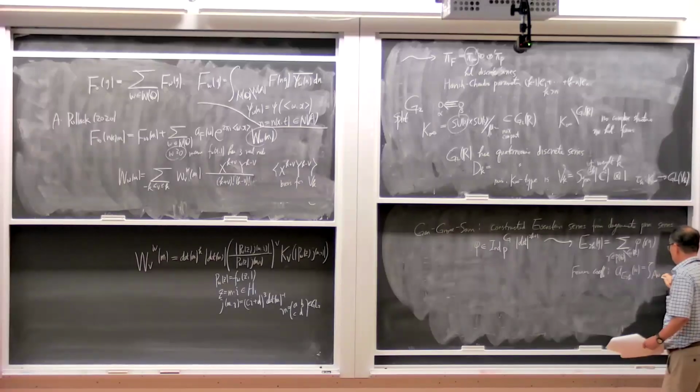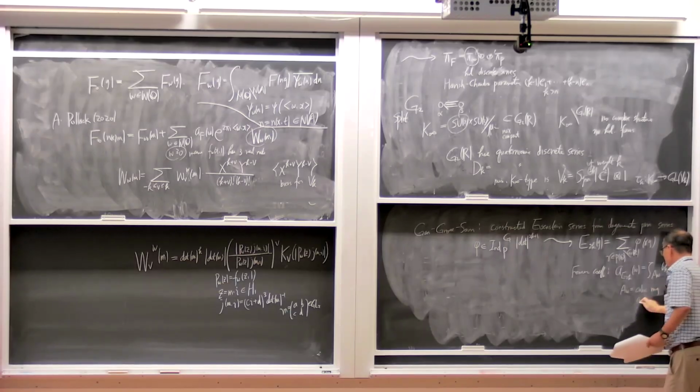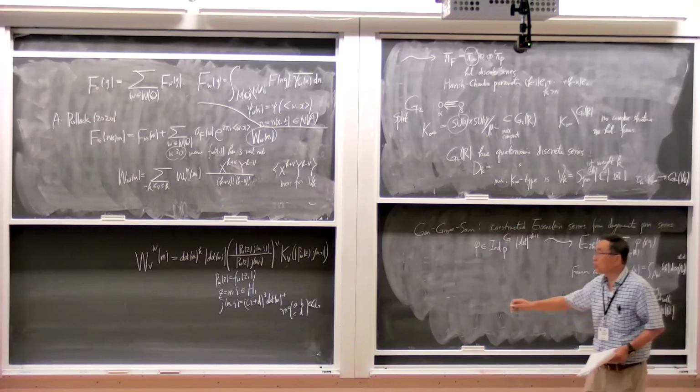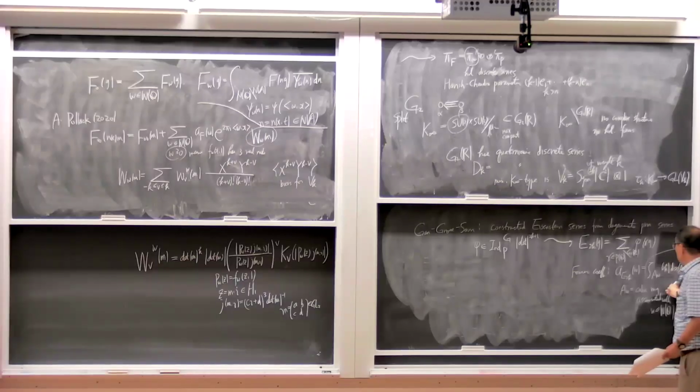Let me write down: a_W is the zeta function of A_W at 2k minus 1/2, discriminant of A_W to the power 2k. Here A_W is the cubic ring associated with W, the binary cubic form. So you have very interesting Fourier coefficients.